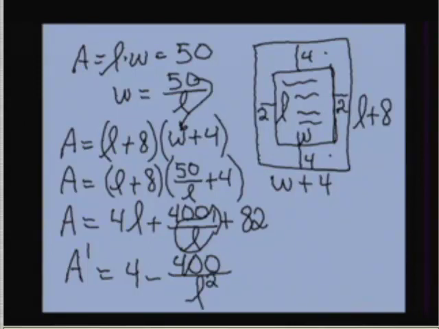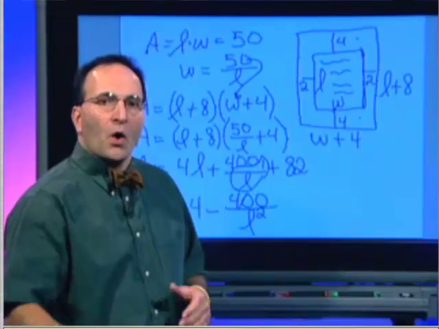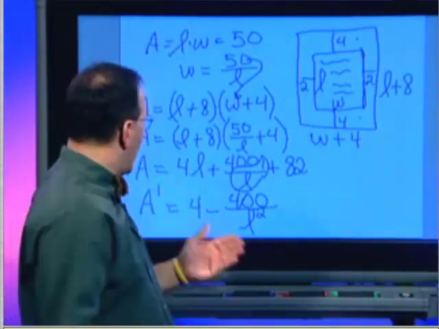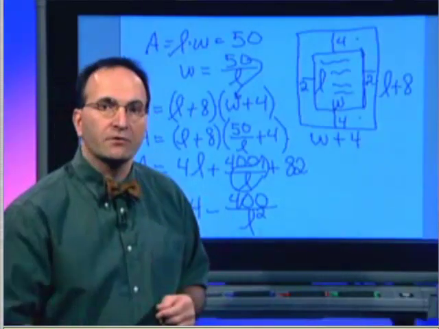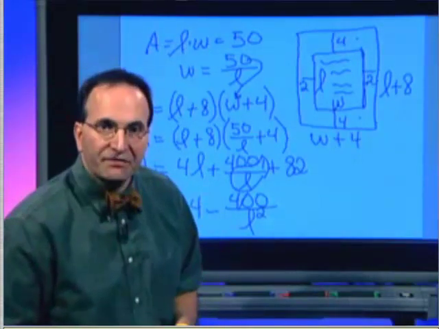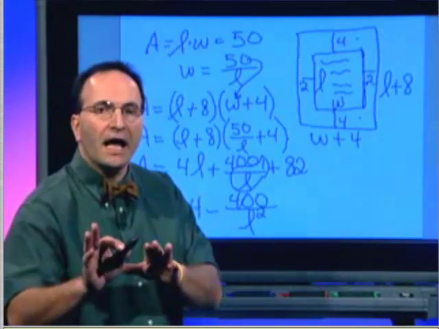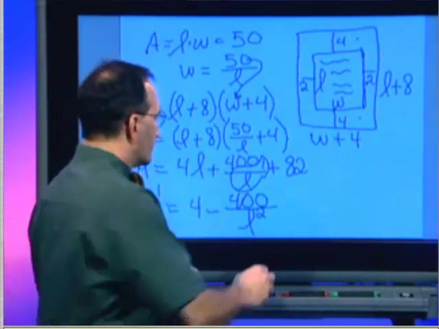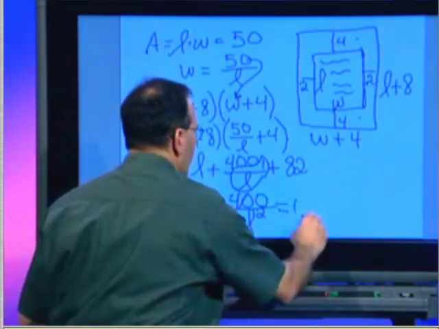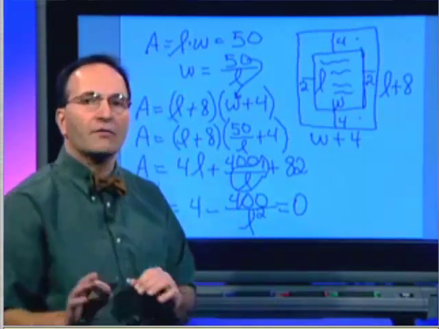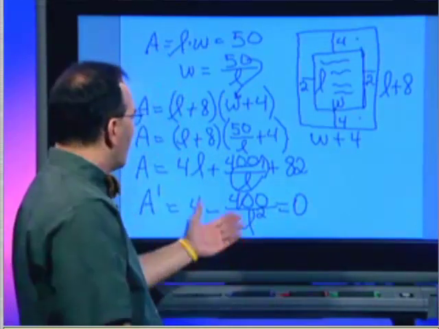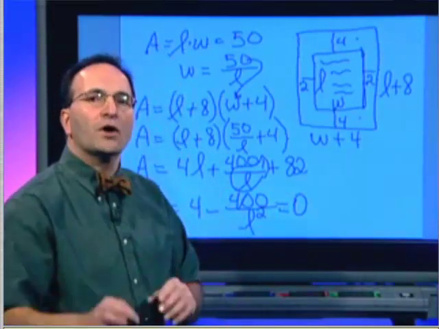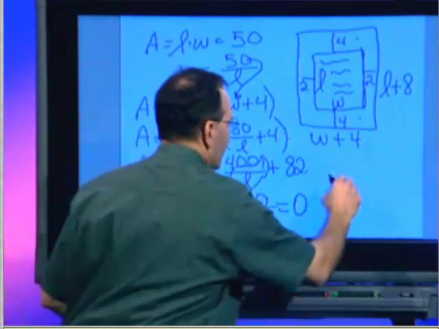And 82, of course, turns out to be 0. We have the first derivative now. A prime is equal to 4 minus 400 over L squared, and we need to set that equal to 0 and solve for L in order to find the minimum amount of paper. So we set it equal to 0, and then we solve for L. When we do that and work it all out, L works out to be equal to 10.